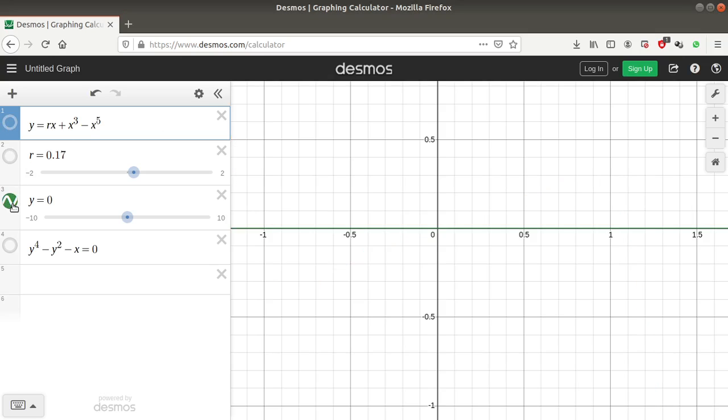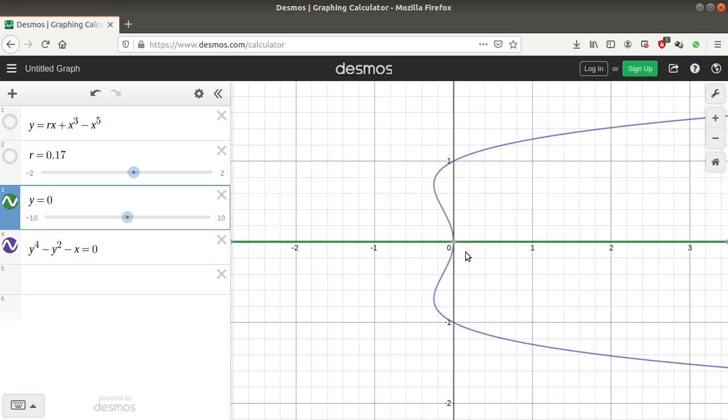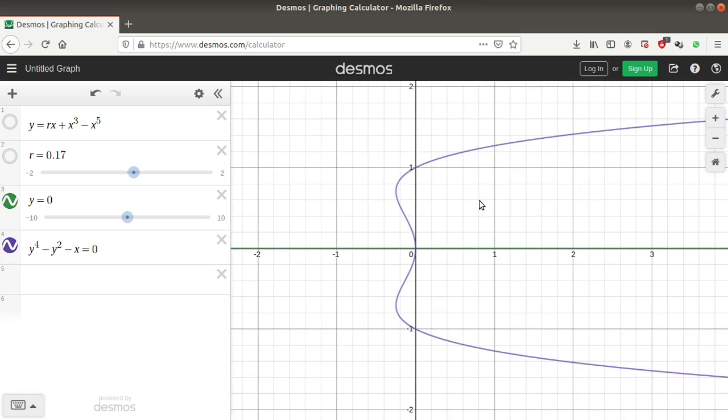If I plot, one is x star is always 0, another one is this one. Let me zoom out a little. Okay, so this is the bifurcation diagram, and we are getting it like this.